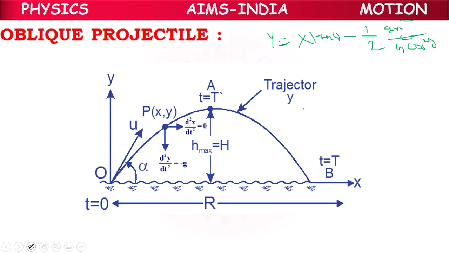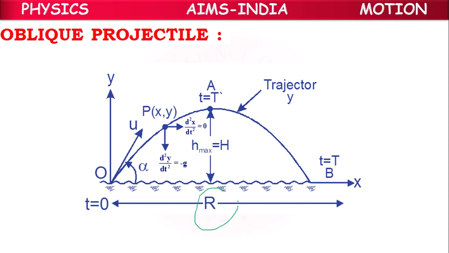Okay. Anyway, later, because we have not learned about range, children. Actually, for range also we have a derivation. After learning the range derivation, we can convert this equation into range. That we can learn later.